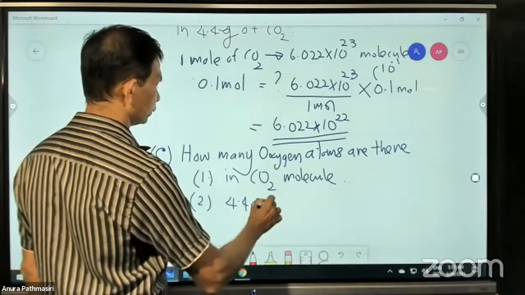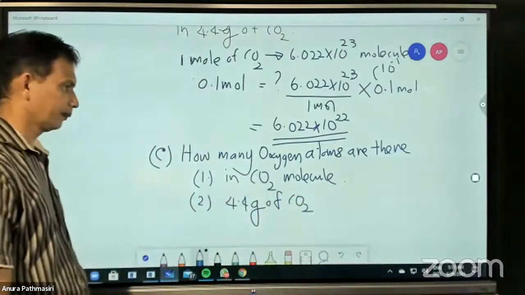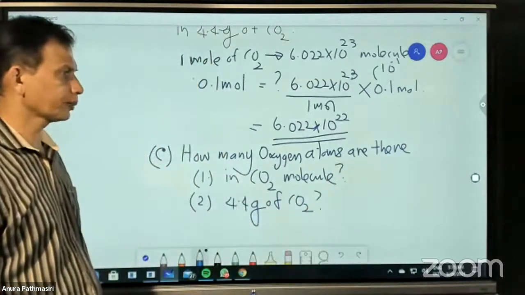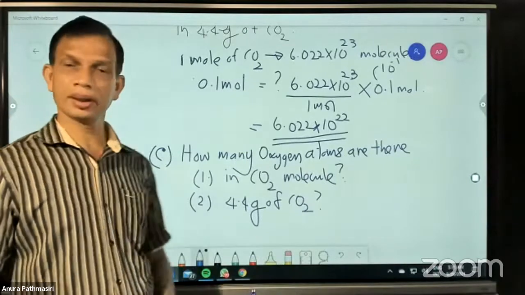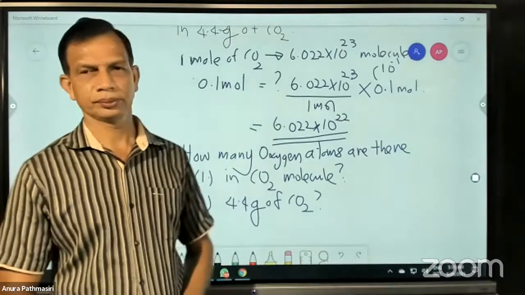4.4 gram of CO2. How many oxygen atoms are there in a CO2 molecule, and in 4.4 gram of CO2?